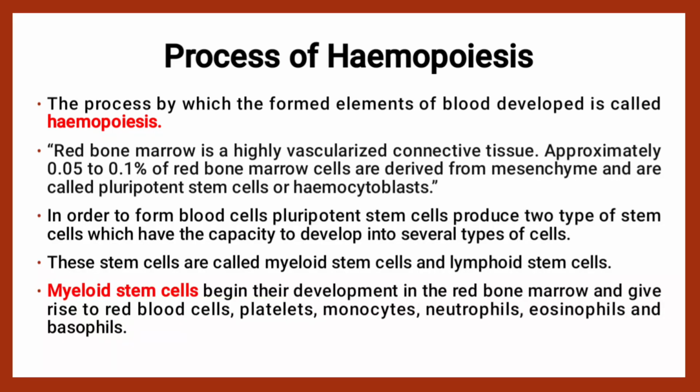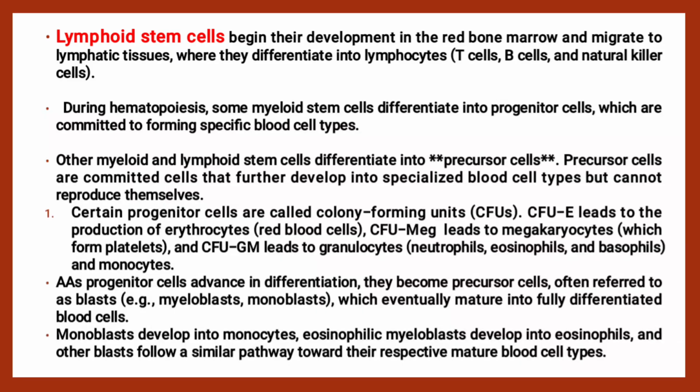Myeloid stem cells begin their development in the red bone marrow and give rise to red blood cells, platelets, monocytes, neutrophils, eosinophils and basophils. Lymphoid stem cells begin their development in the red bone marrow and migrate to lymphatic tissue, where they differentiate into lymphocytes, like T cells, B cells and natural killer cells.